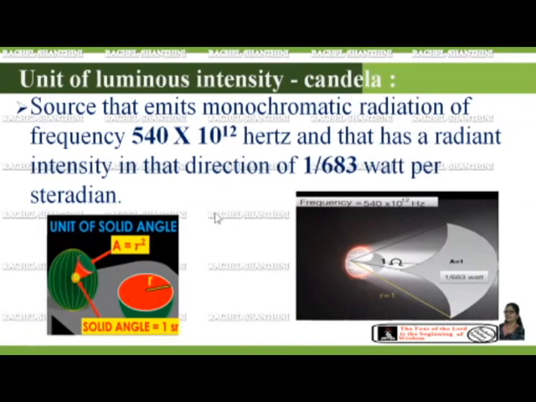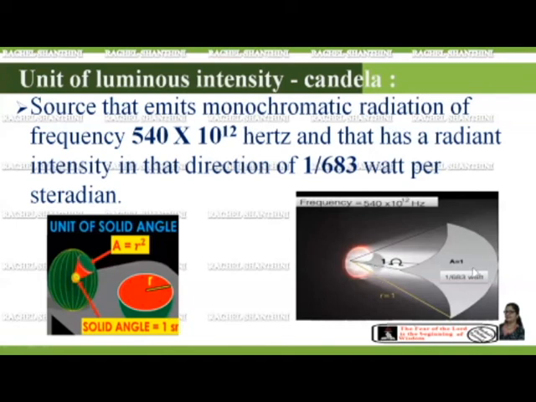So we know that different colors of light have different frequencies and wavelengths. We consider a monochromatic source. Mono means single, chromatic means color. Single color light or single wavelength source of light of frequency 540 into 10 to the power of 12 hertz, and consider an area covered by that light that has a solid angle of 1 steradian.